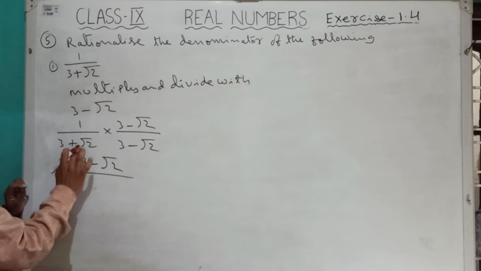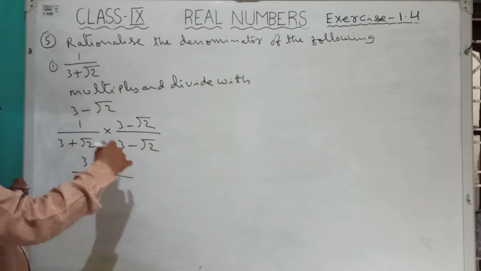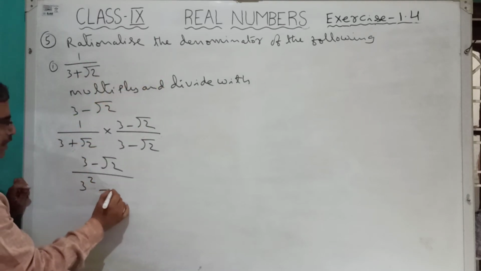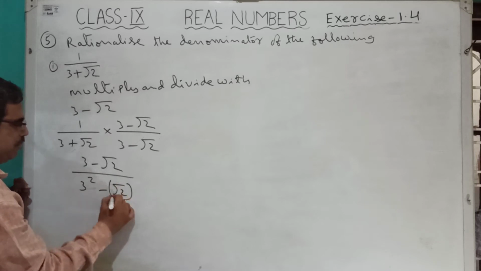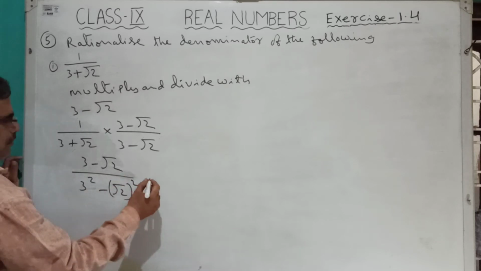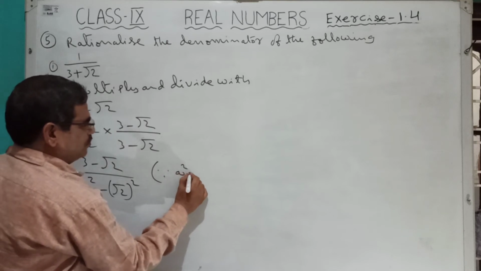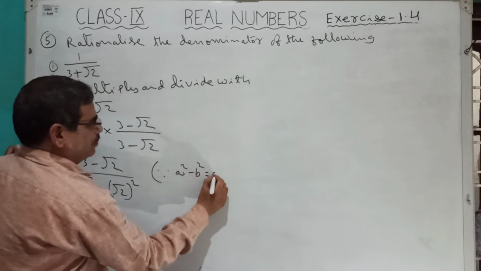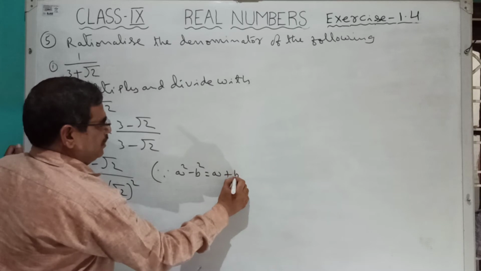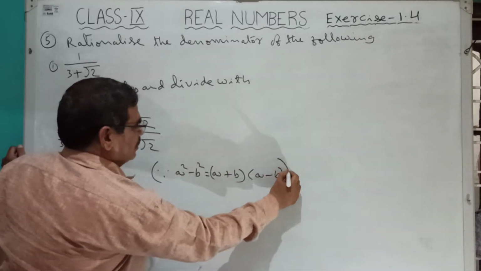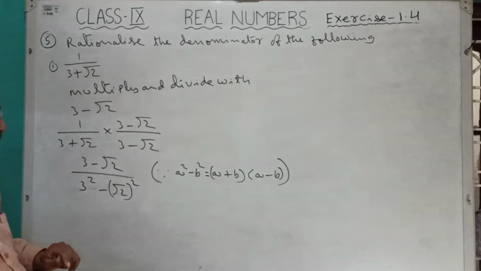Here a plus b into a minus b, the a square minus b square formula, so a square minus root 2 square, b square. What formula are we using here? a square minus b square is equal to a plus b into a minus b. This formula we are using here.